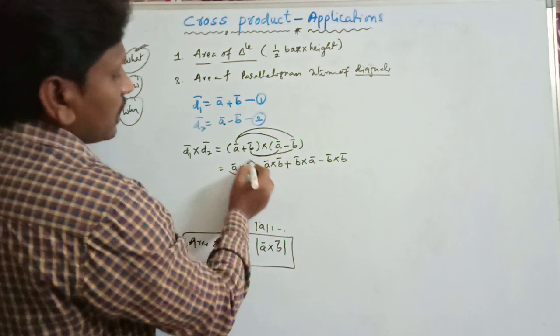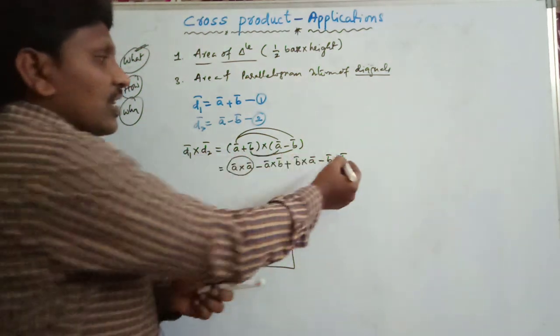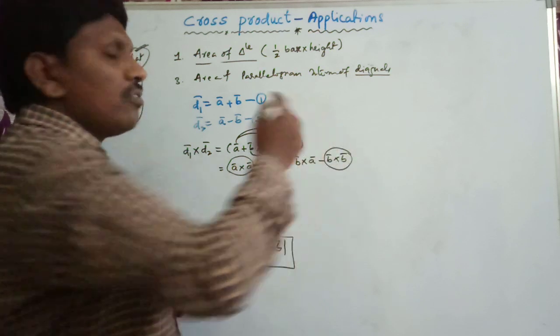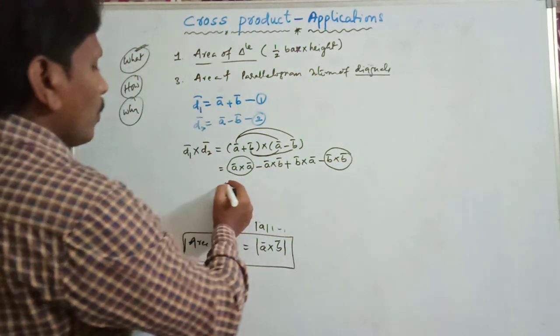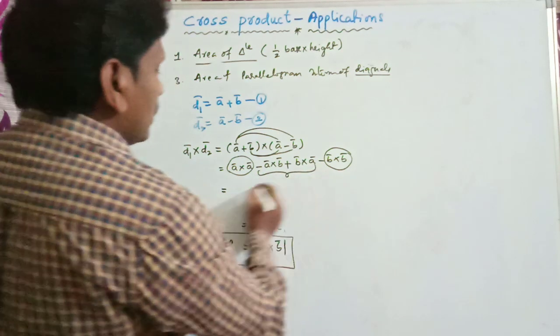If you see, this is the cross product of the same vectors. Cross product of the same vector always gives 0.